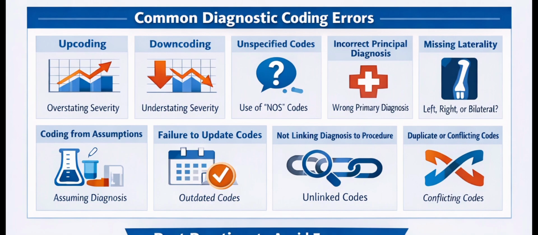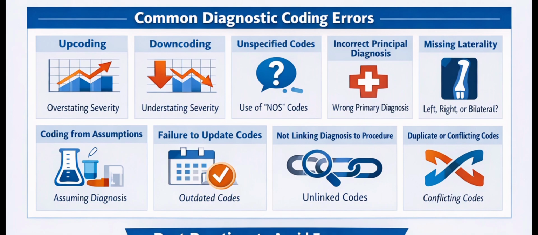Next we will talk about unspecified code overuse. This is using an unspecified code when a more specific code is available. For example, using unspecified pneumonia instead of identifying the bacterial or viral cause documented.